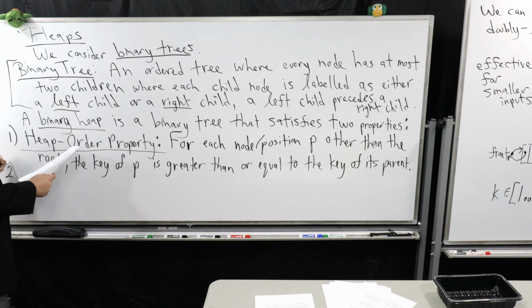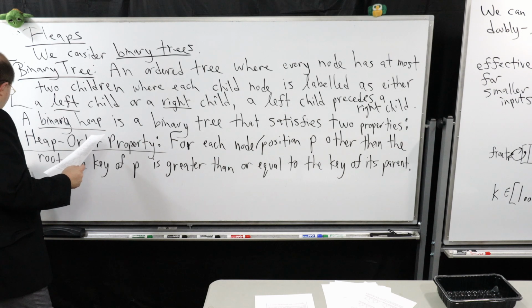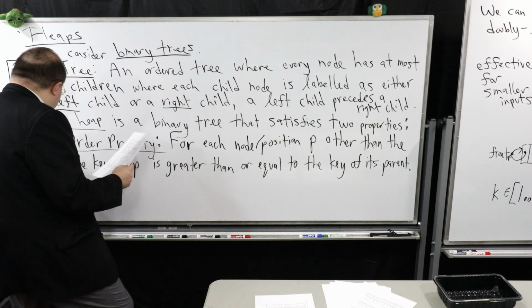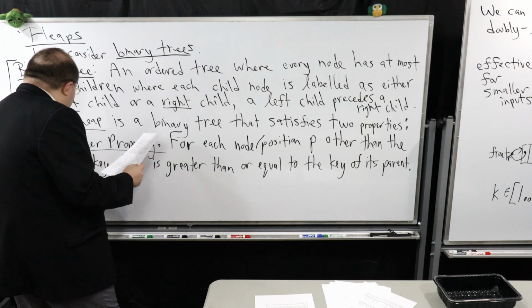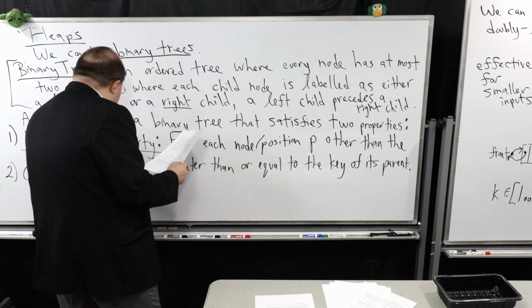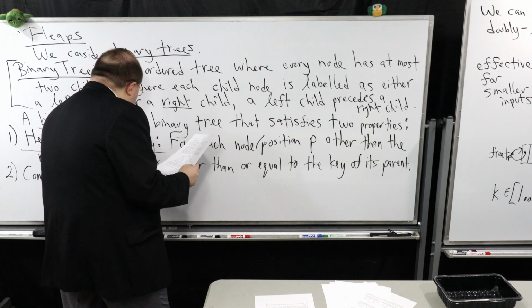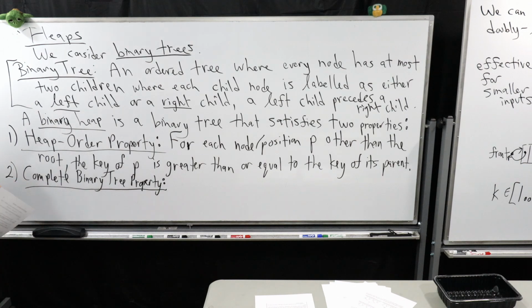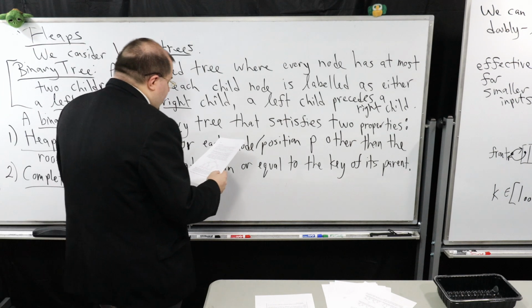The other one is what we call the complete binary tree property. This maintains a certain shape for our binary heap. So here's how it goes.